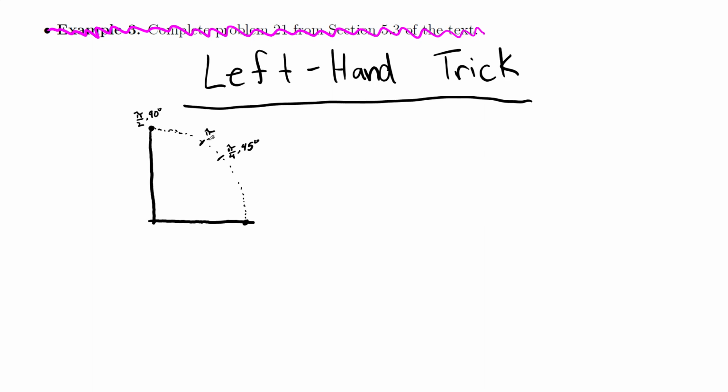Pi over 3, 60 degrees. Pi over 6, 30 degrees. We want to make sure we have these 5 memorized, and what we want to know are their terminal points.